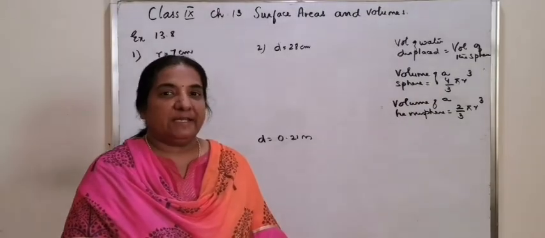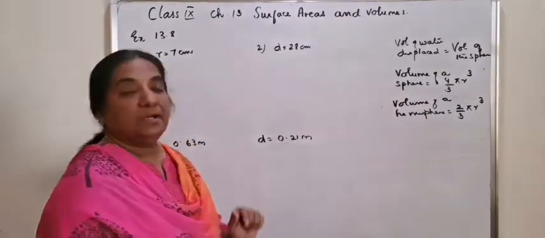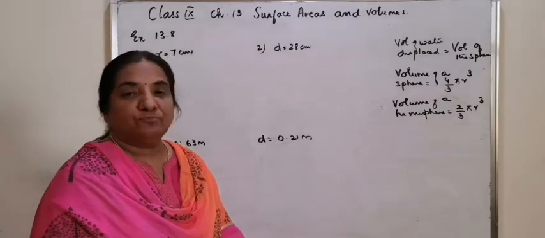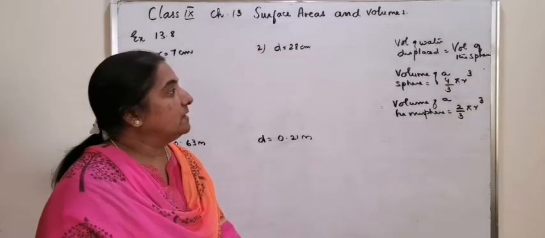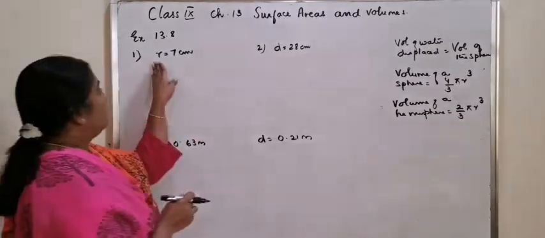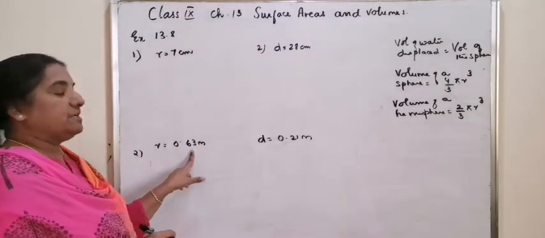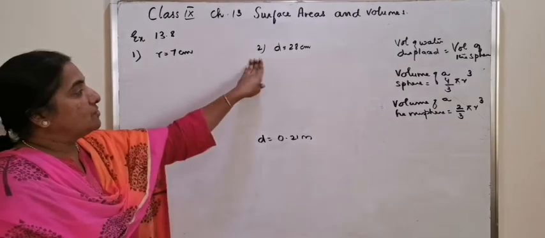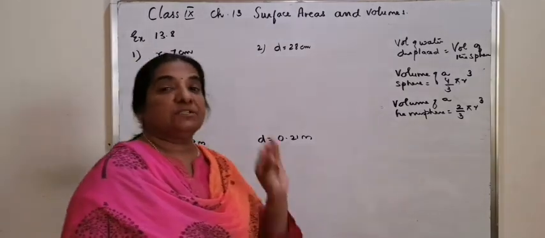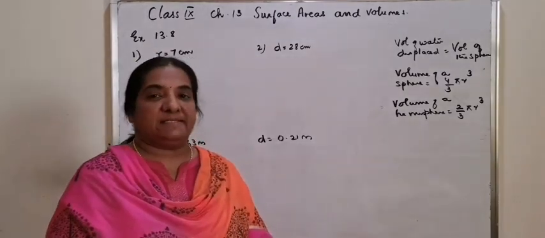Exercise 13.8. Questions 1 and 2 are direct application of the formula of volume of a sphere. Find the volume of a sphere with radius 7 centimeter, and with radius 0.63 meter. The question also says to find the volume of the water displaced.